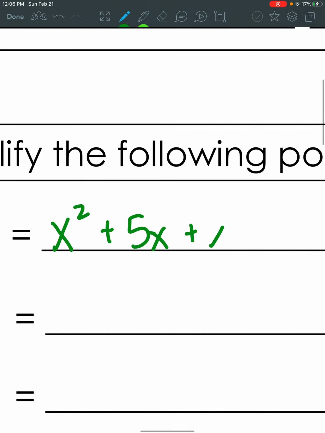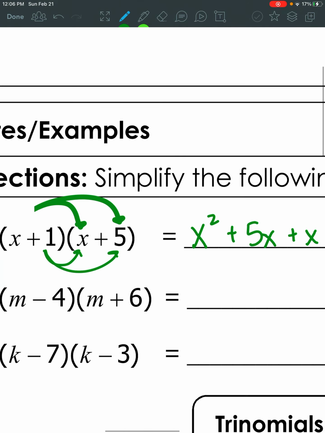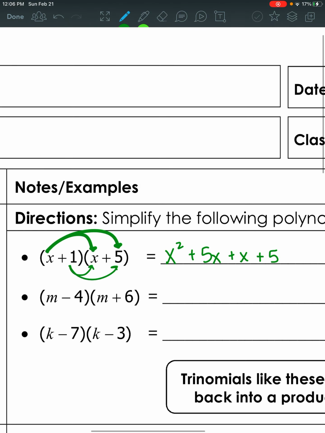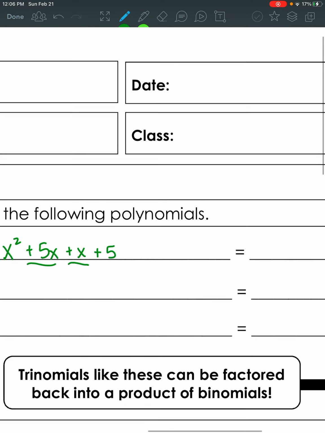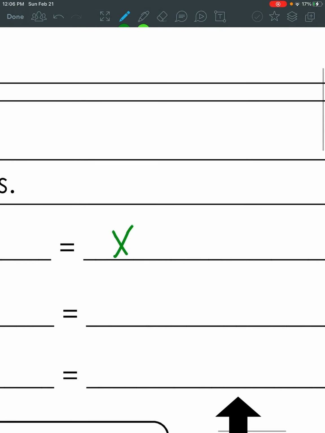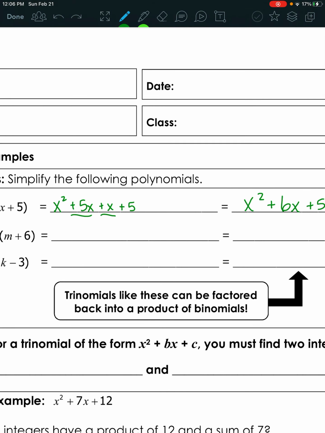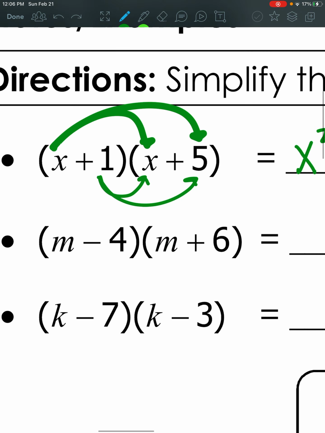So plus 1x or x, and then 1 times 5 is 5. And then we can combine the 2 middle terms, so this will simplify to x squared plus 6x plus 5.